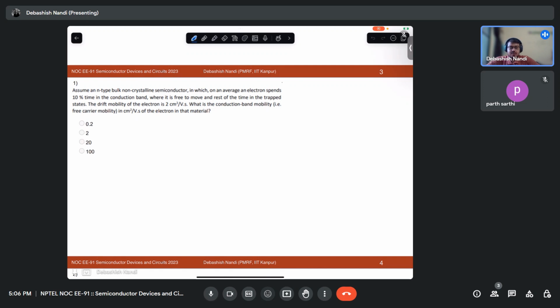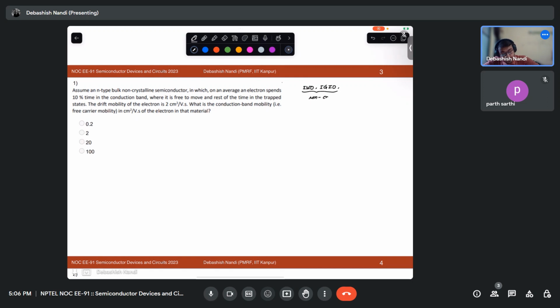But what about these non-crystalline semiconductors? There are certain semiconductors like IWO, IGZO, which are non-crystalline but show semiconductive properties.